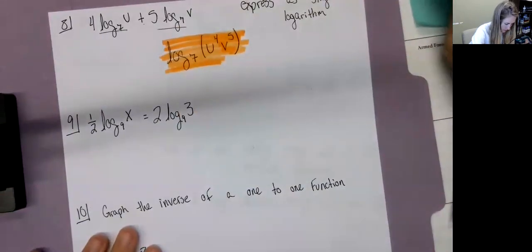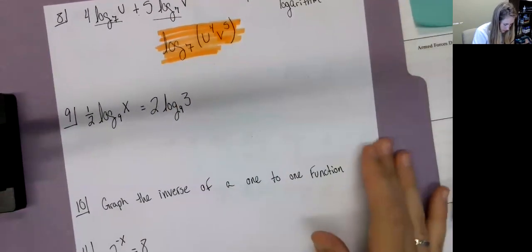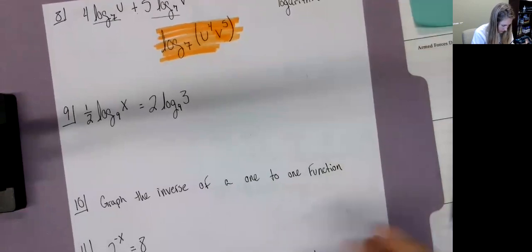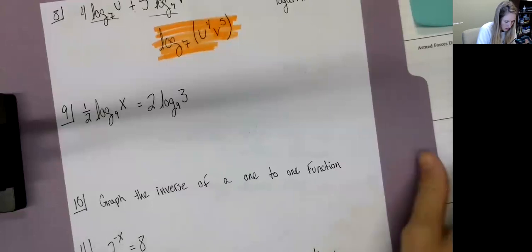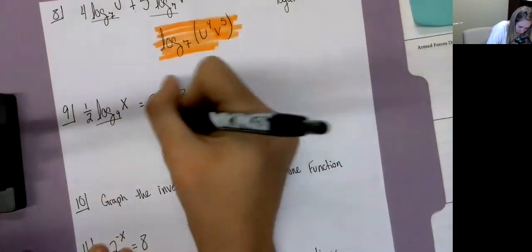And all my little things everywhere. Okay. This one, they're going to want us to express it as a single logarithm as well, or do they want us to solve it? I notice they both have the same base.